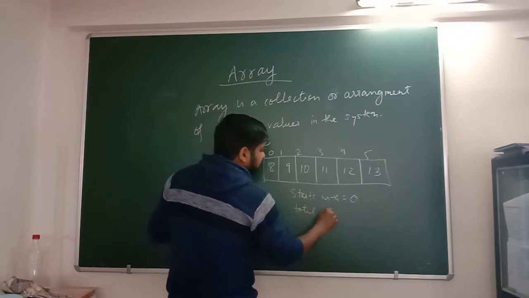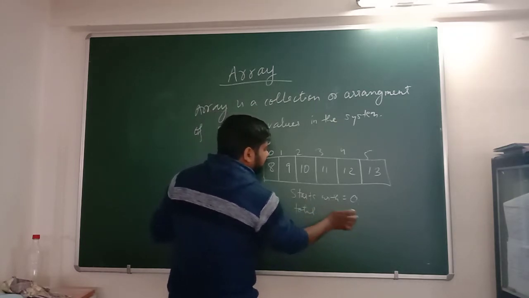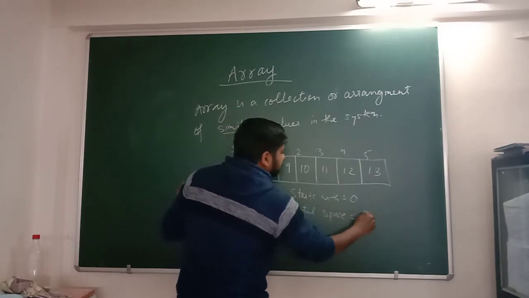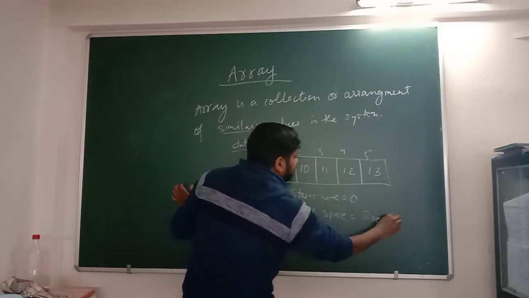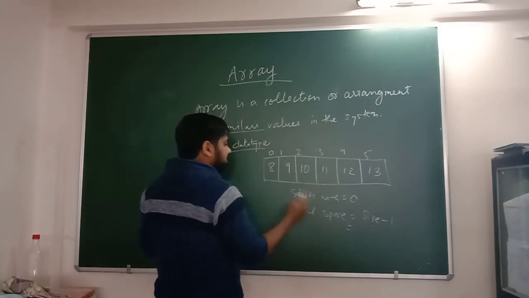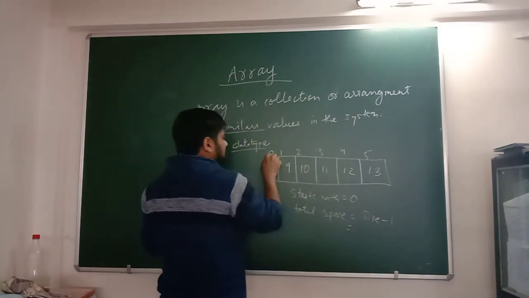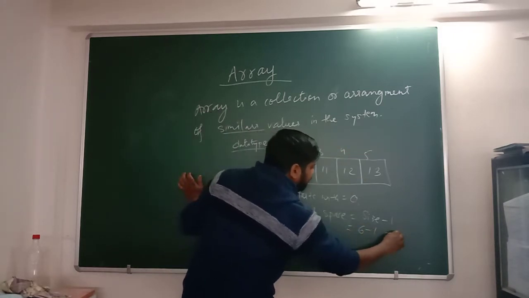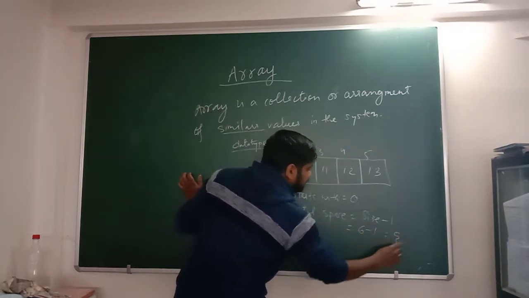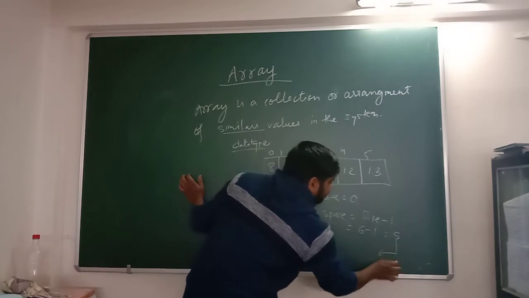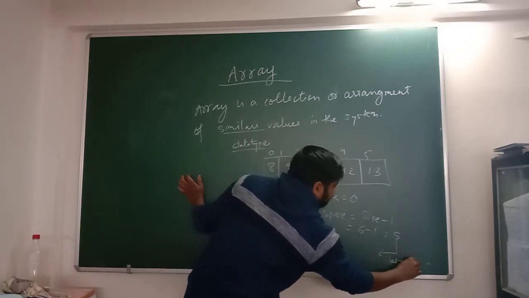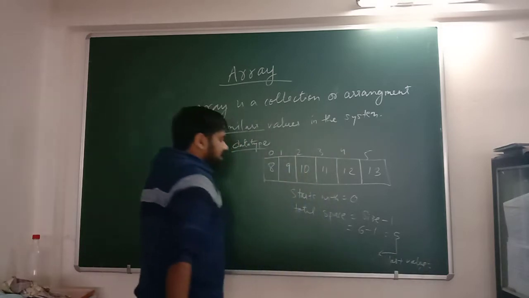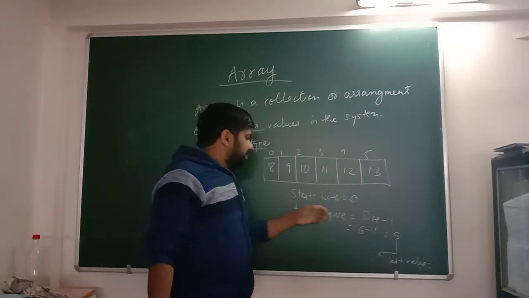Total size equals total values, total space, you can write. The last index equals size minus 1. Just take the size: 1, 2, 3, 4, 5, 6. The size is 6. 6 minus 1 equals 5. So this gives you the last index, the last value.